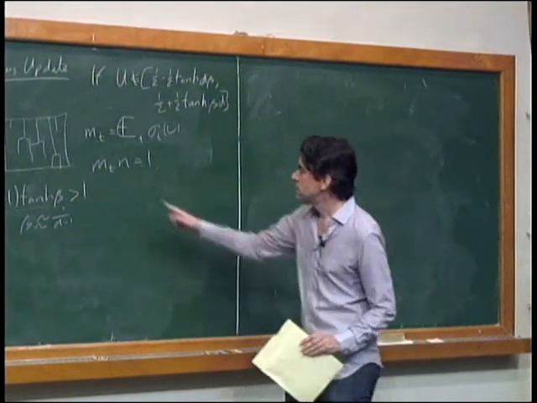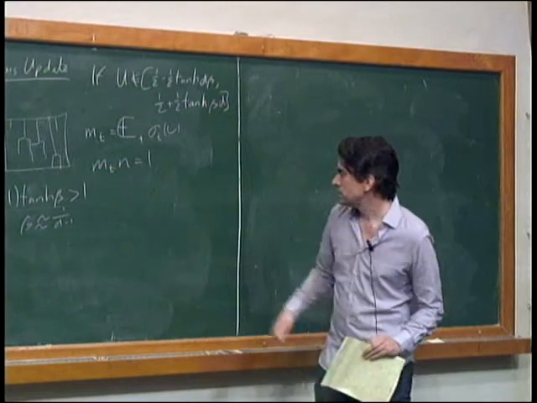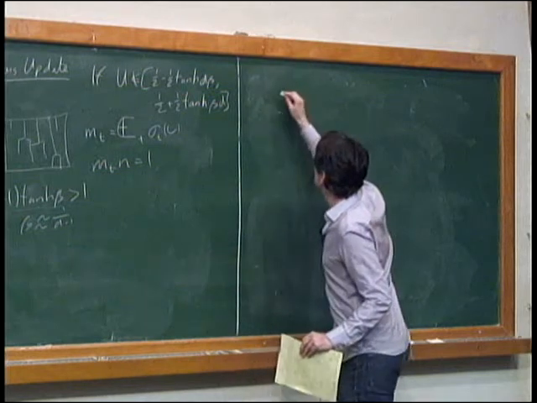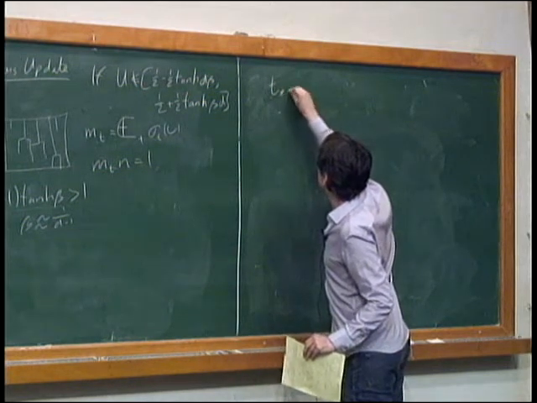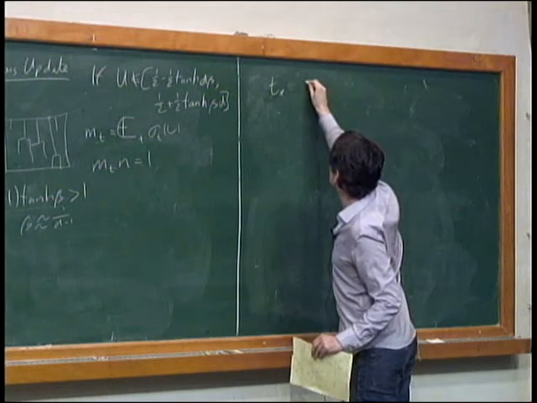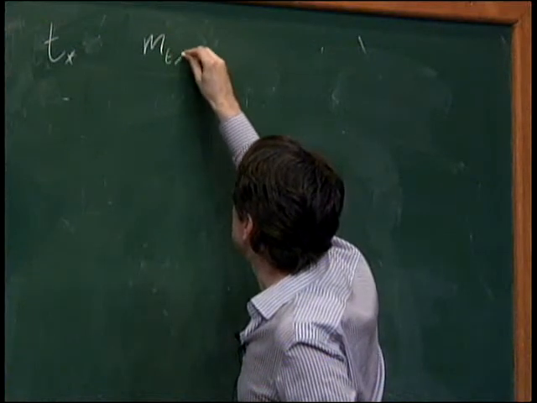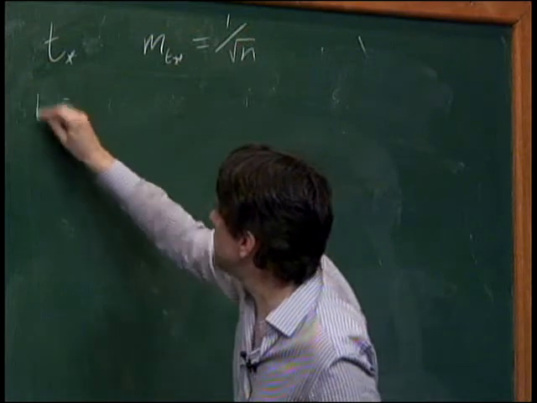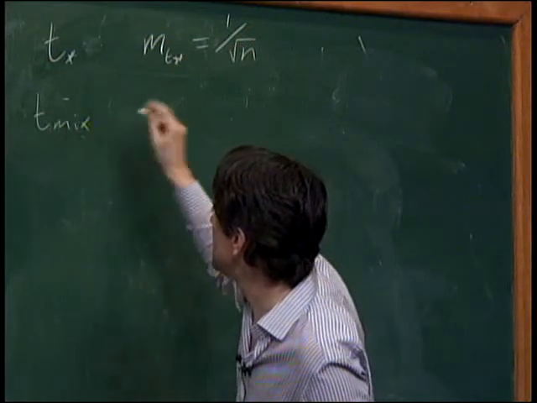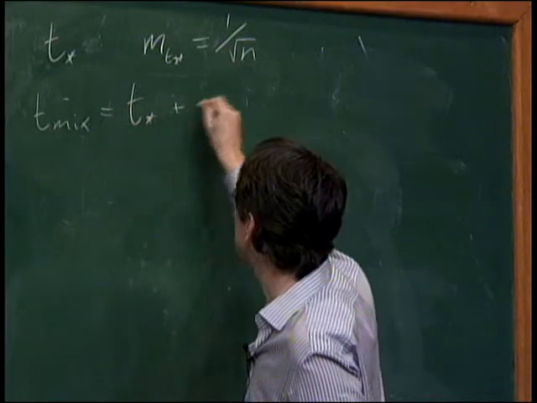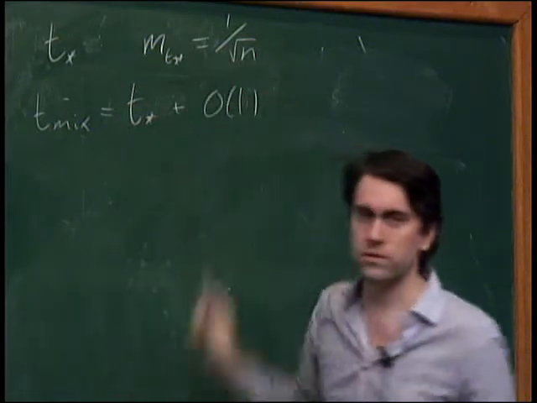Okay. So actually, the point at which, if I define T star as the solution to M_T star equals 1 over root n, then it will turn out that T mix is equal to T star plus a constant term.